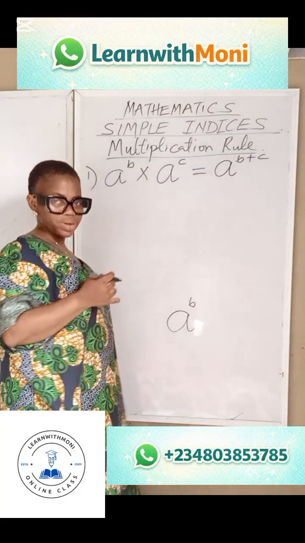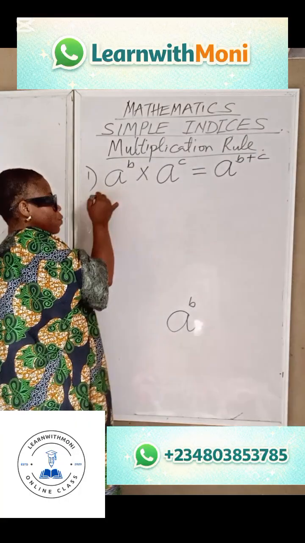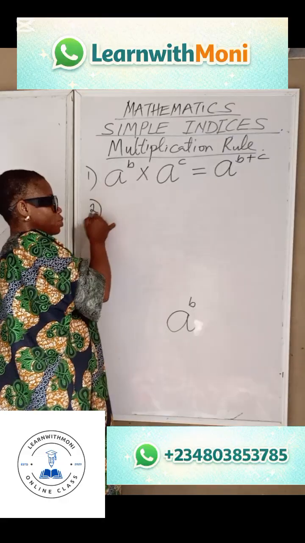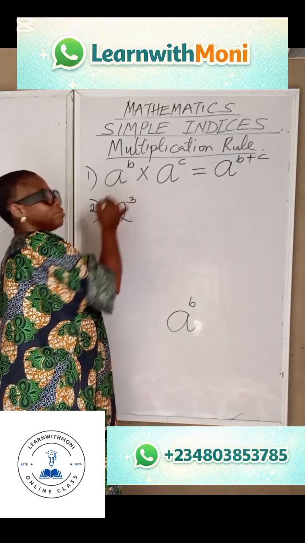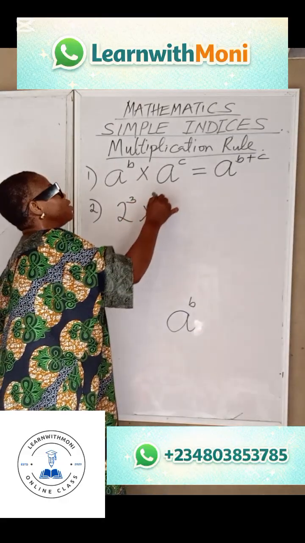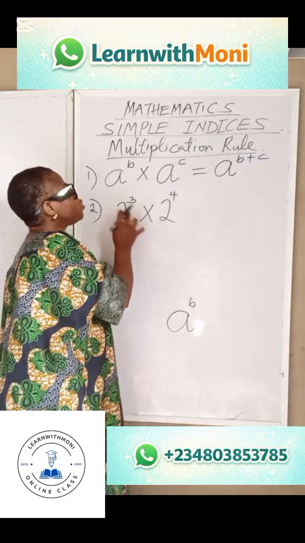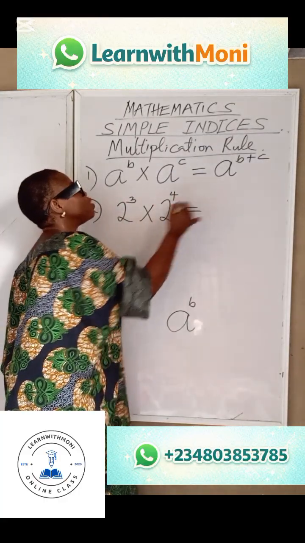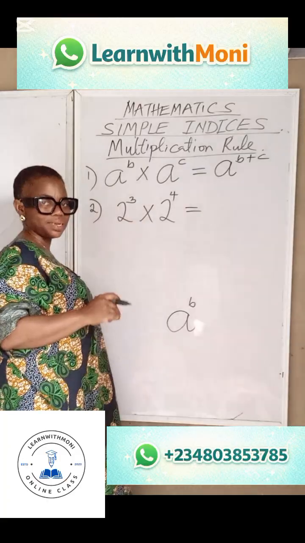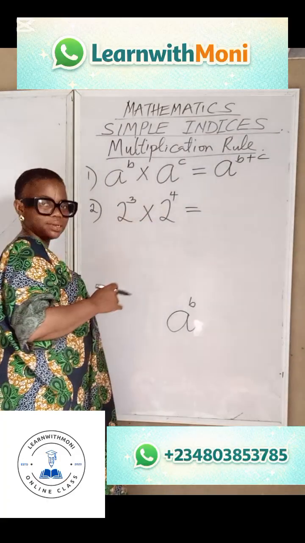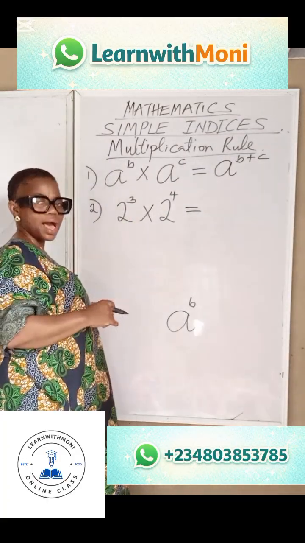Let us take a numerical example. For example, I have 2 raised to power 3 multiplied by 2 raised to power 4. The bases are the same, but the powers are different.